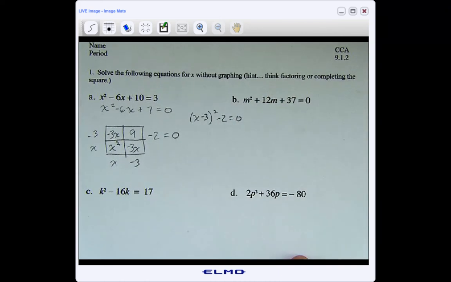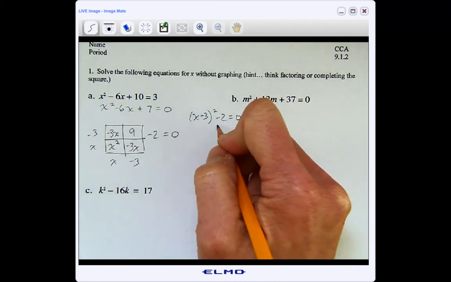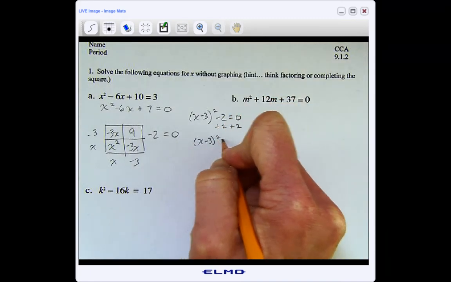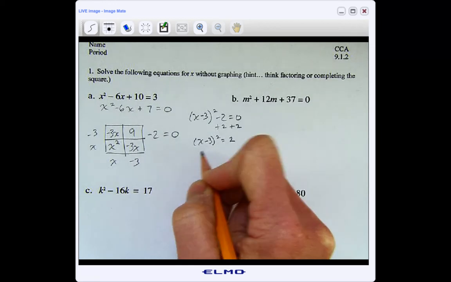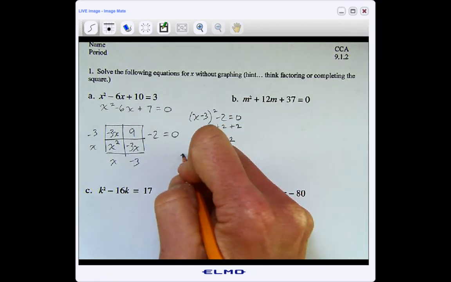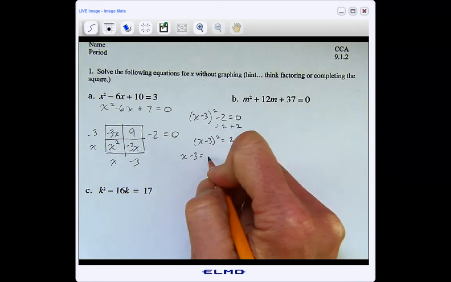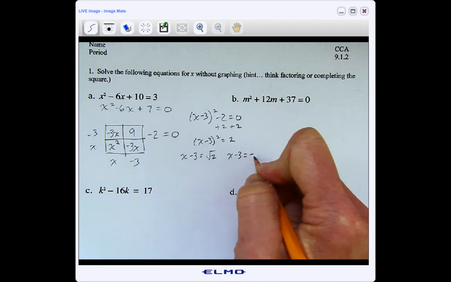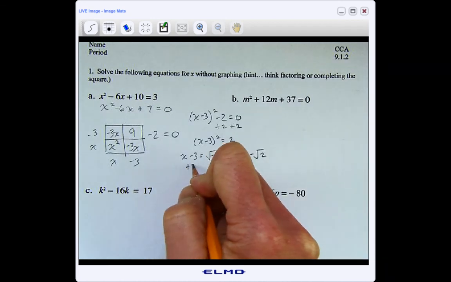Okay, and now I'm going to try and solve from here by undoing. I'm going to add 2 to both sides. So I get x minus 3 squared is equal to 2. So what number squared is 2? I'm going to take the square root of 2. So x minus 3 is equal to either the square root of 2 or x minus 3 equals negative square root of 2. I'm going to add 3, add 3.